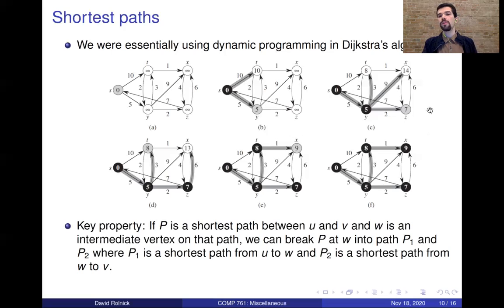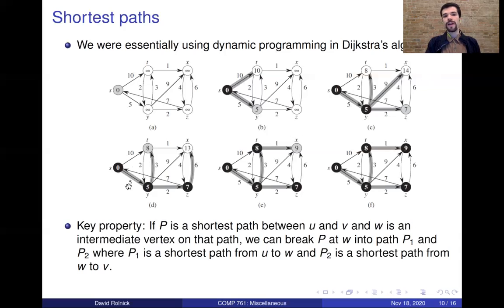And the key property that we used is that if we had a shortest path between two vertices, and we break that shortest path at any point, the first part of the shortest path is a shortest path itself, and the second part is also a shortest path. Again, the key point here in the dynamic programming is that a subset of a shortest path is a shortest path.